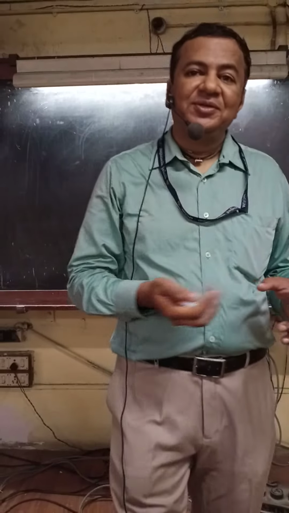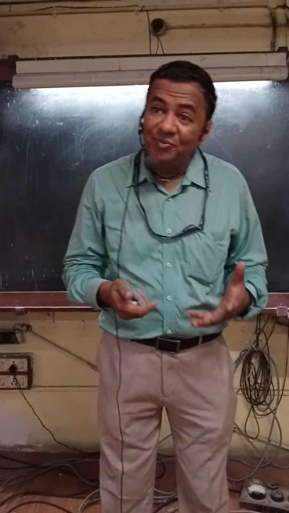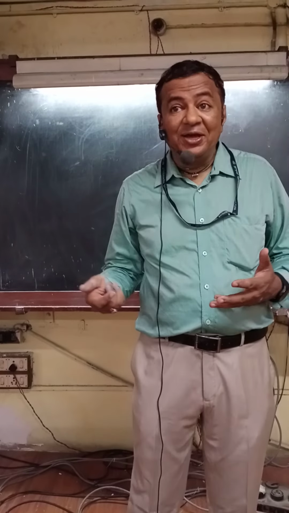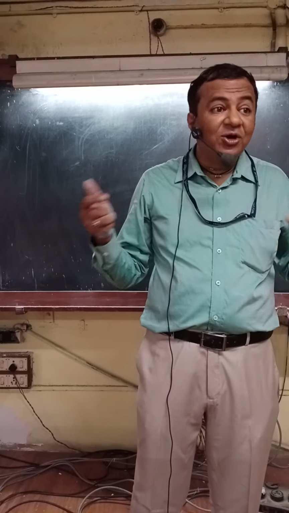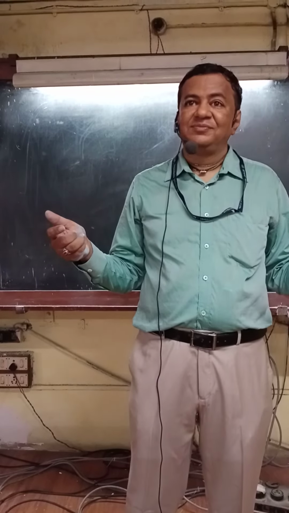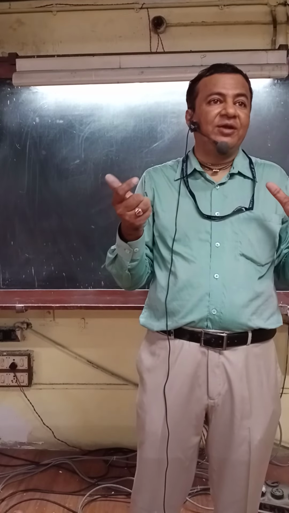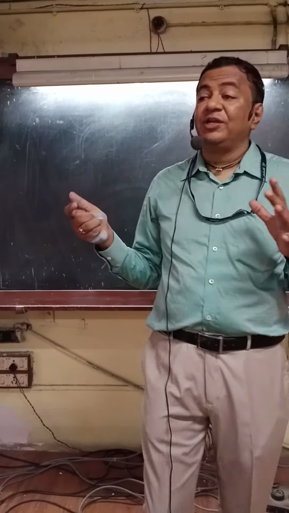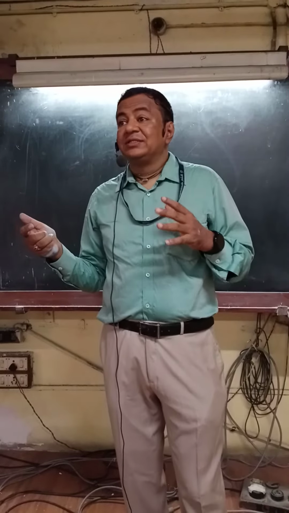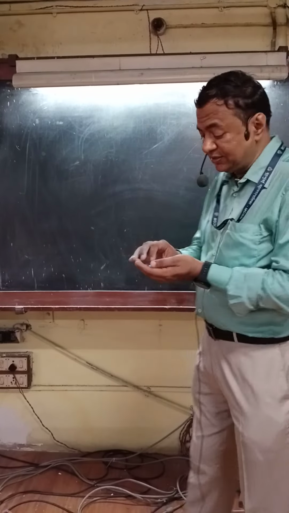Supports of the liver. So students start telling falciform ligament, right triangular ligament, left triangular. These are not the supports. What for? Your peritoneum cannot hold a 1.5 kg liver. So the support of the liver is the 3 hepatic veins.